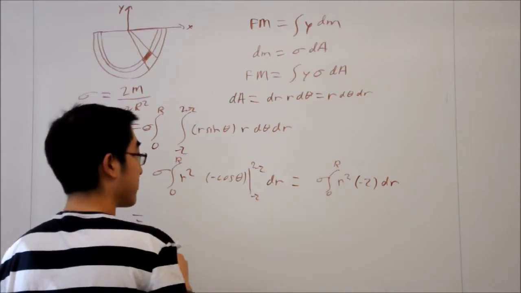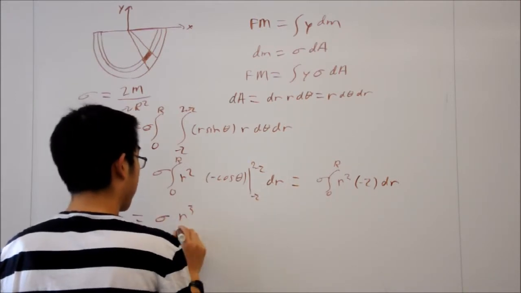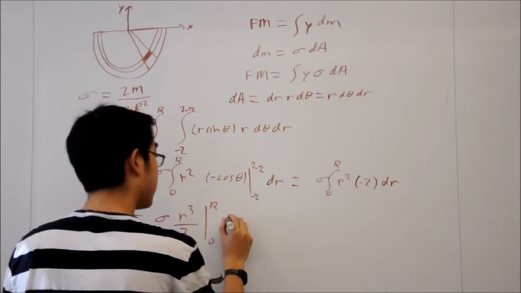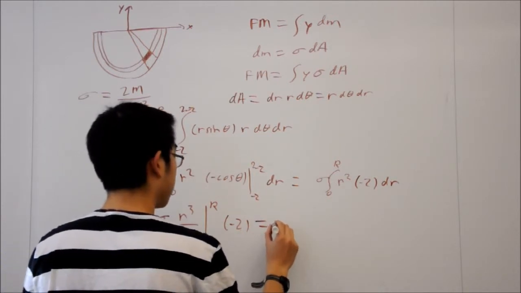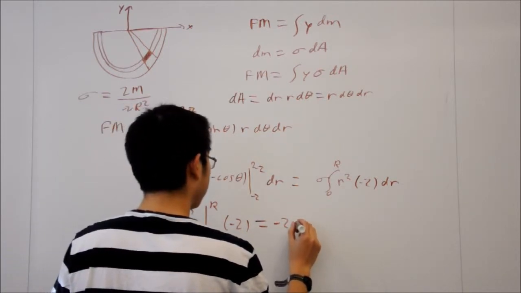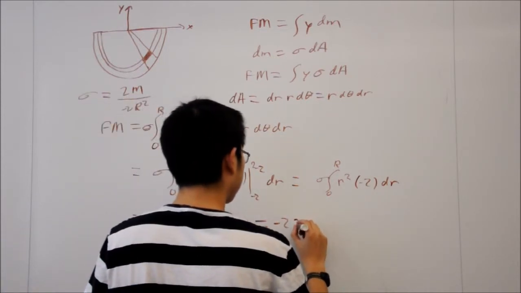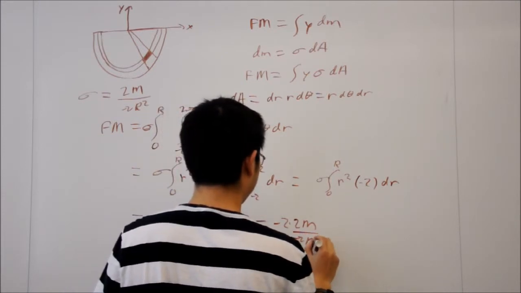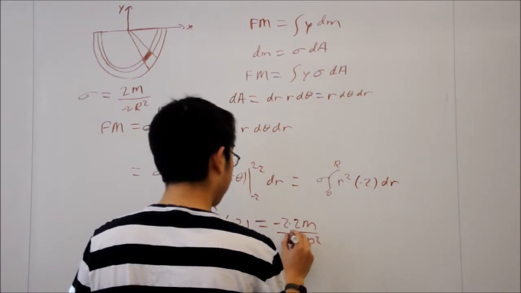So now let's integrate the radial component. The integral of r squared is just r cubed over 3, evaluated from 0 to big R. All of that is multiplied by negative 2 as well. So now we've got negative 2 sigma, which is just 2 times big M over pi big R squared, and that is all over 3.